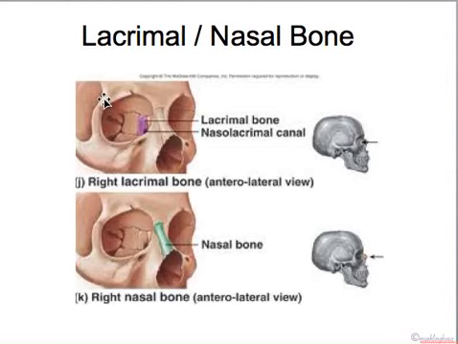And then the tears come out and they cross the orbit and they drip into the nasolacrimal canal and the lacrimal bone. So that's what that bone does. So when you rub your eyes, don't rub them from the inside out, rub them from the outside in, so you don't move things against the stream of the tears, but you help the tears flush things out. I hope your mom told you that.